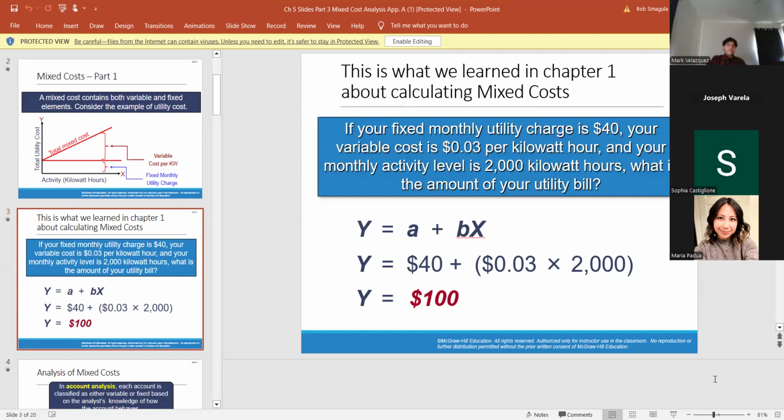How do they do that? If your fixed utilities are $40 and it's 3 cents per kilowatt, 3 times 2 is 6. That's going to be $60 plus 40 on the fixed. That's a classic mixed cost.